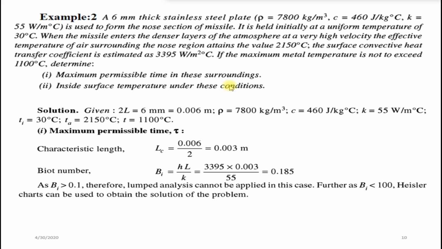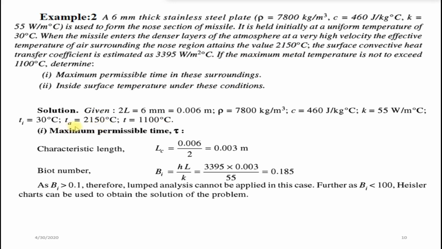So the given value, the 2L value is given as 6 mm, because it is a stainless steel plate having thickness 6 mm. Directly we have to take the thickness 2L as 6 mm, 0.006 meter, density as 7800 kg per meter cube, specific heat given, thermal conductivity value given, then the initial temperature is given, 30 degrees Celsius, then Ta, that is the surrounding temperature, 2150 degrees Celsius given.